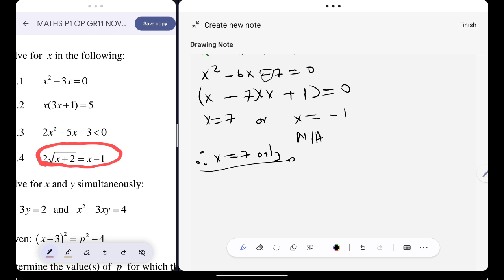Whenever you do that, you must substitute on both sides. If the left hand side is equal to the right hand side, then that is the solution. And then when you put the other one and you get that the left hand side is not equal to the right hand side, then that's not your solution. So in this case, 7 will be the solution and this one will not be a solution. Are we together?